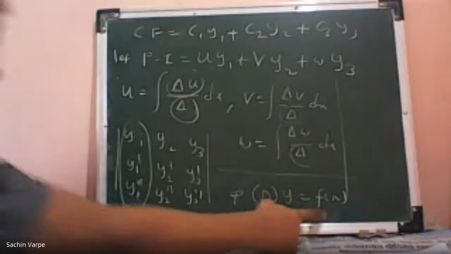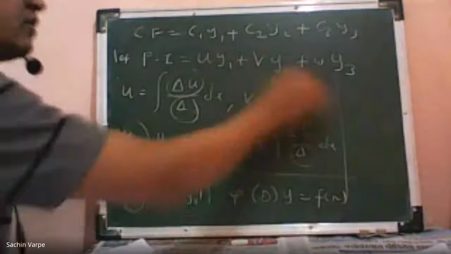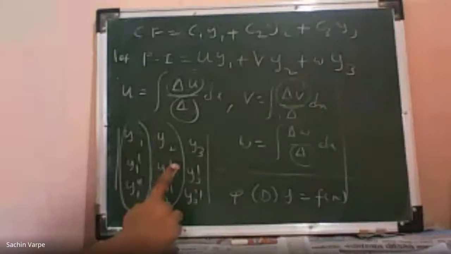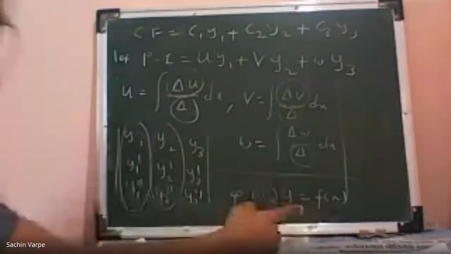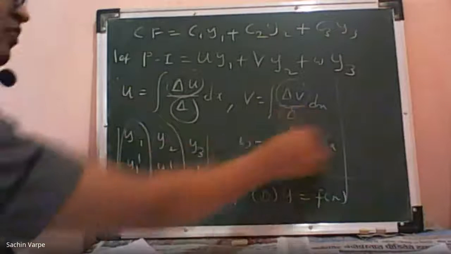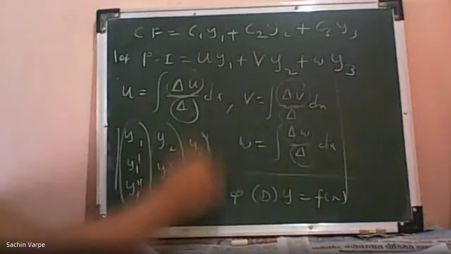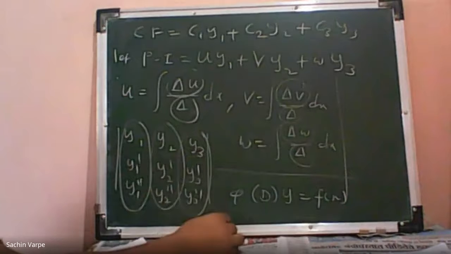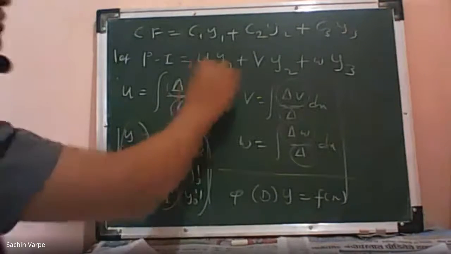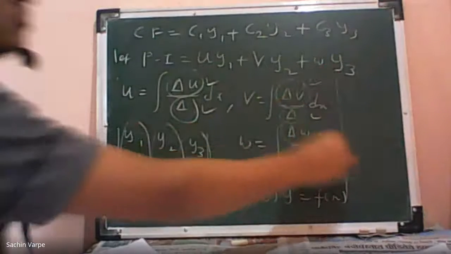For delta v, we replace the second column by 0 0 f of x, and for delta w, we replace the third column by 0 0 f of x. Then we can solve those determinants to get the values.